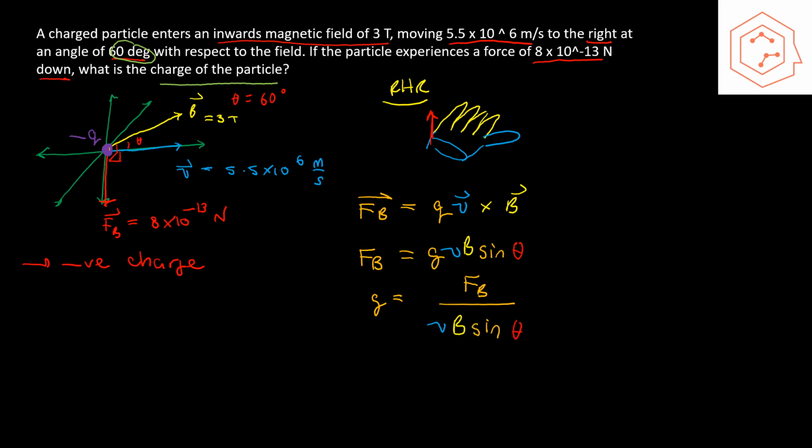And now we can substitute. So we have FB, which is 8 times 10 to the negative 13 newtons, divided by our velocity, which is 5.5 times 10 to the 6 meters per second, times our magnetic field, which is 3 teslas, times sine of the angle between the field and the velocity, which is 60 degrees.